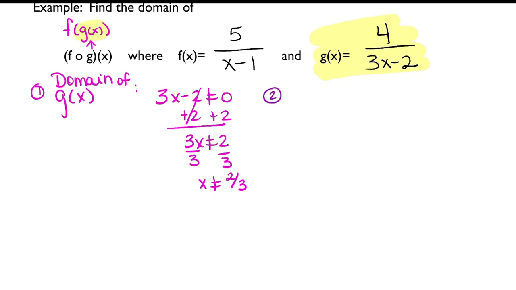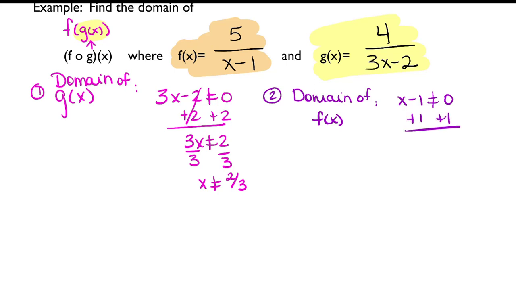So for the domain of f of x, now we're looking here, we know that x minus 1 cannot equal 0, because if it does, you'll get an undefined. So we're going to add 1 to both sides, and we find that x cannot equal 1.